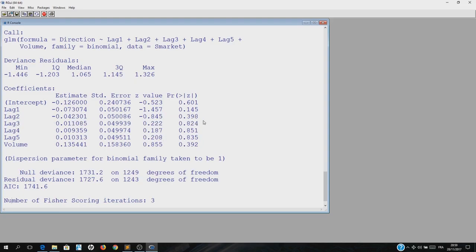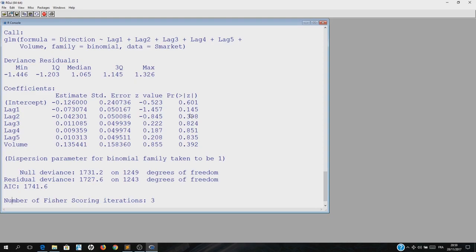So what's the reason for that? Predicting the stock market is really hard, even for experts. You can guess that it's hard even for our models.